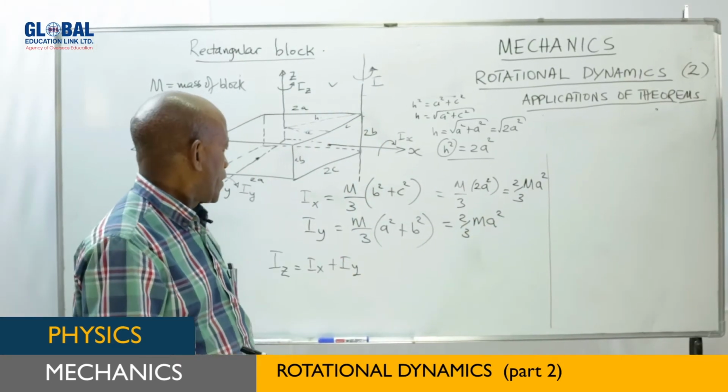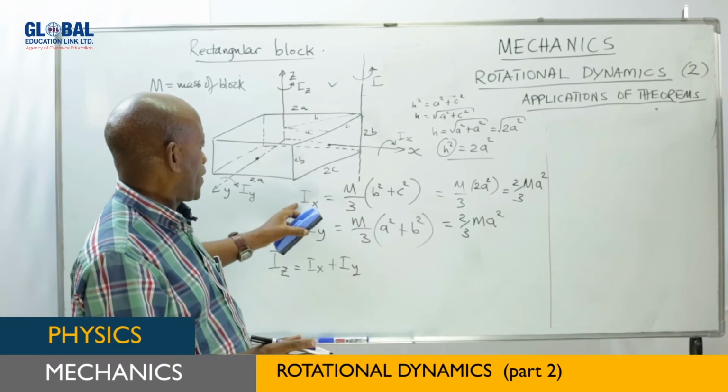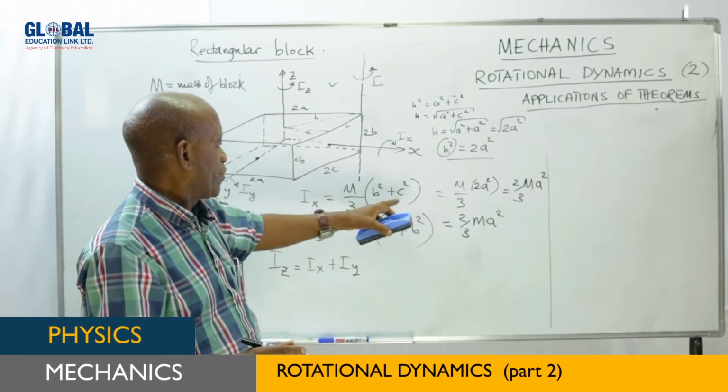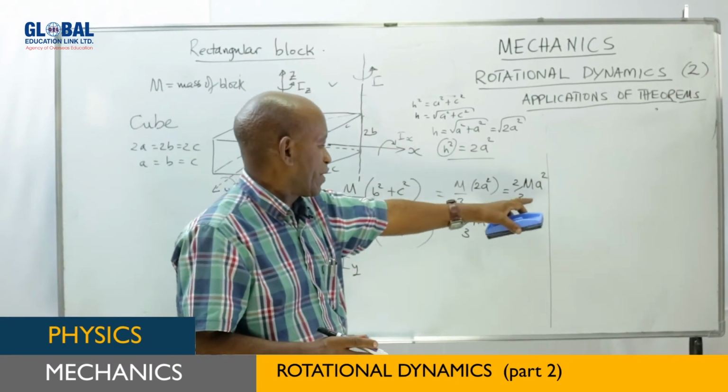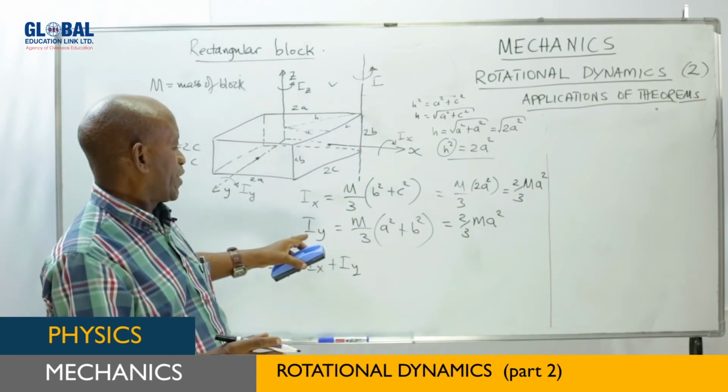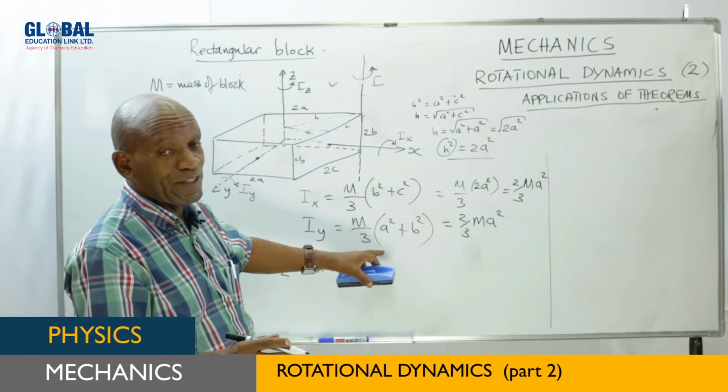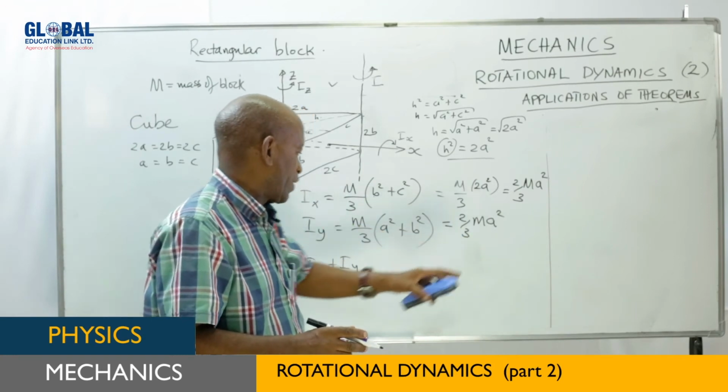Okay, students, as we have already seen, the moment of inertia through the x-axis is equal to this much, and if it's a cube, it is equal to that much. The moment of inertia whenever it's rotated through the y-axis is equal to this much. If it's a cube, it takes us to this particular expression.